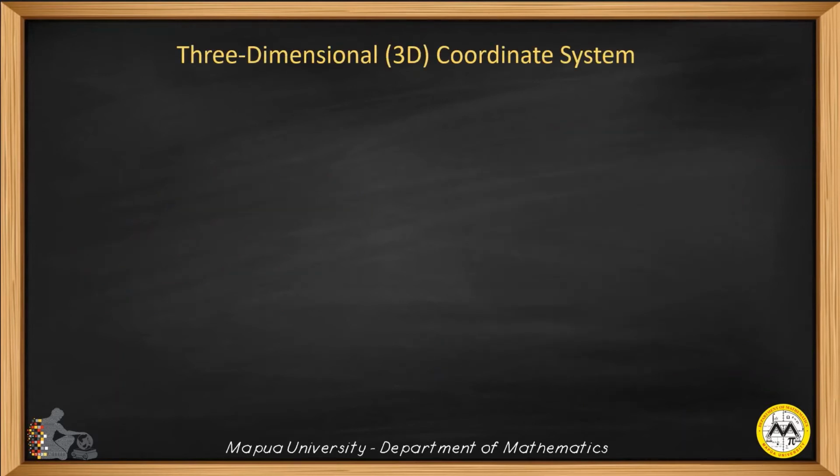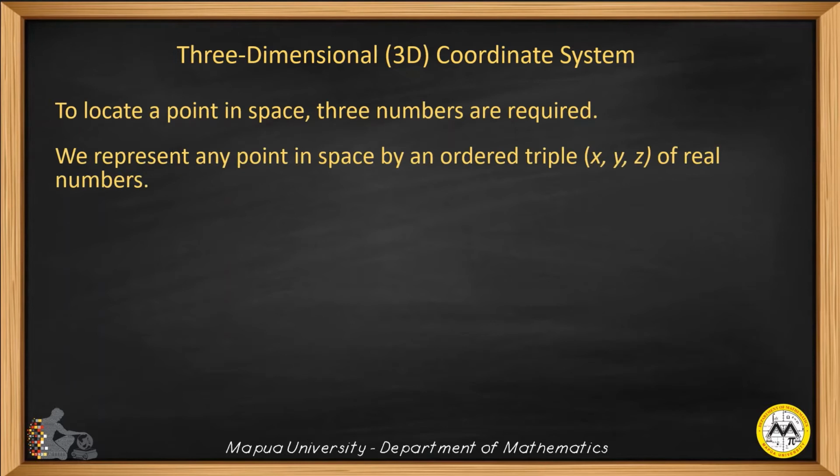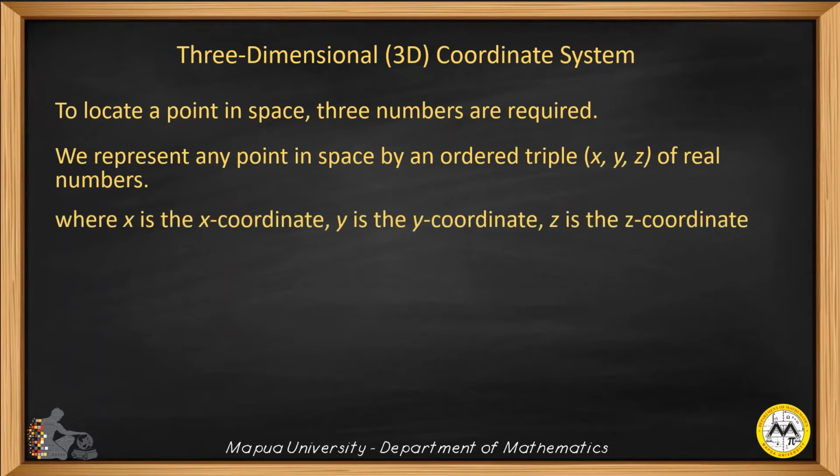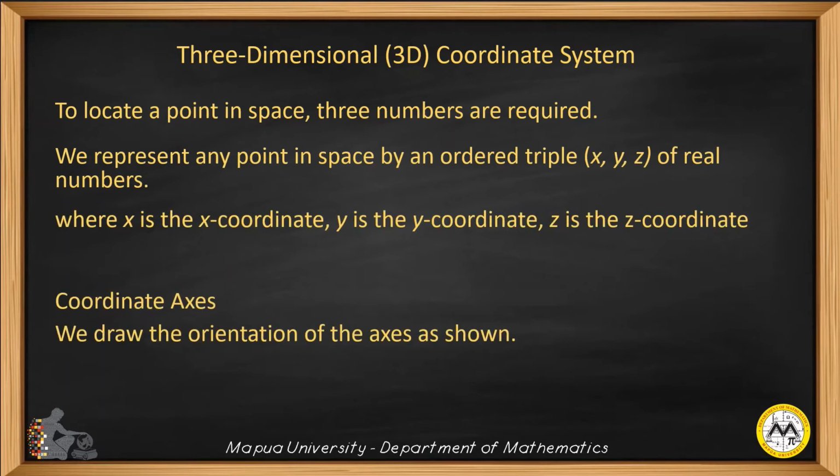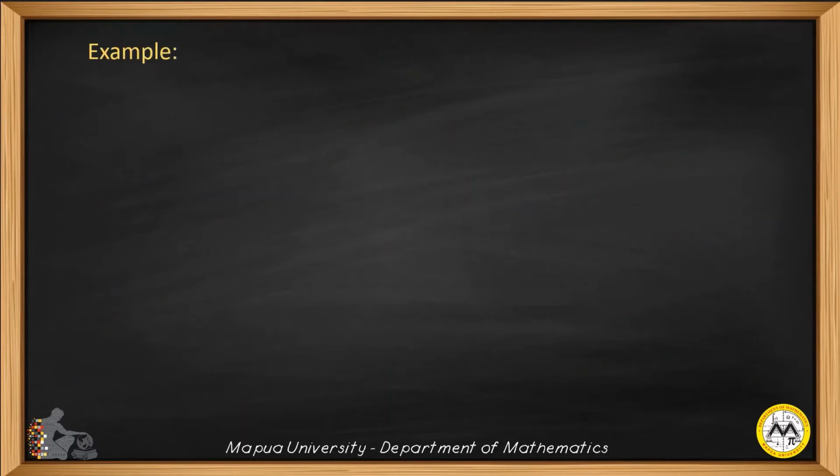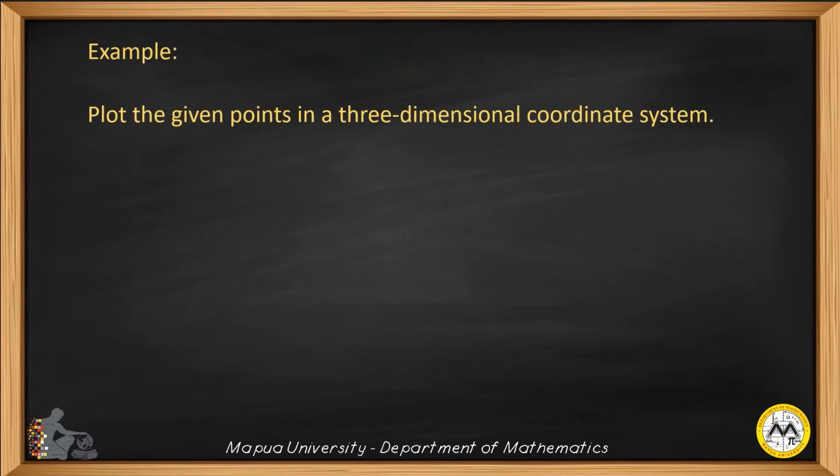So in plotting a point in space, we need 3 numbers in the order of x, y, and z, and we will be plotting the points using this reference for the coordinate axes. For example, we are asked to plot the following points using the 3-dimensional coordinate system.